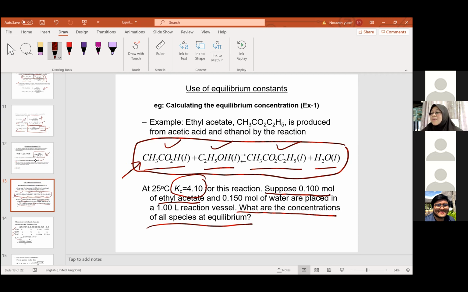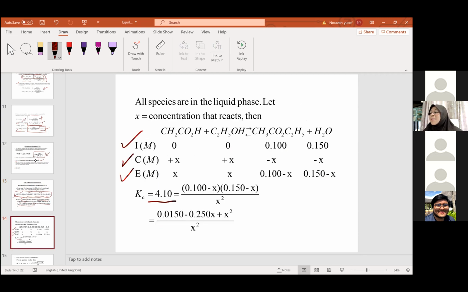So that's why if you look at the table, we are still maintaining the forward reaction. So at the beginning, no product, because now the product is acetic acid and ethanol. So at the beginning, you have 0.1 mole of ethyl acetate and 0.15 mole of H2O.